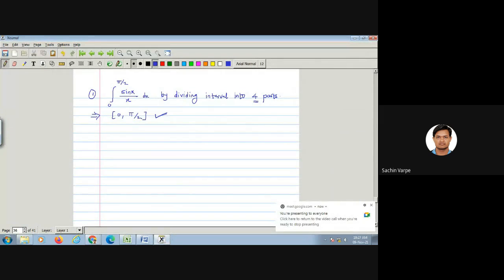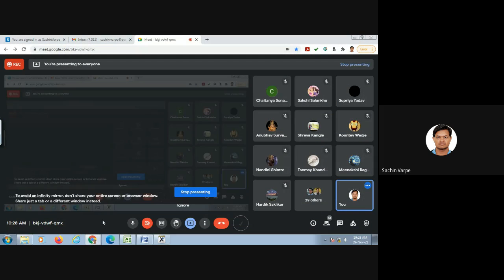What is the length of this interval? 0 to pi by 2. Hello? Am I audible? Chaitanya? Am I audible? Yes, sir.